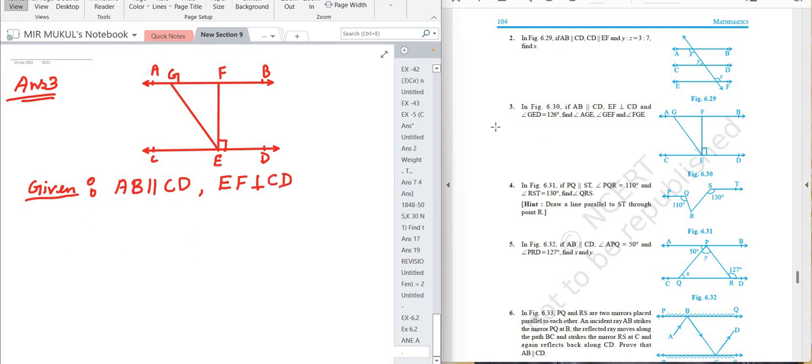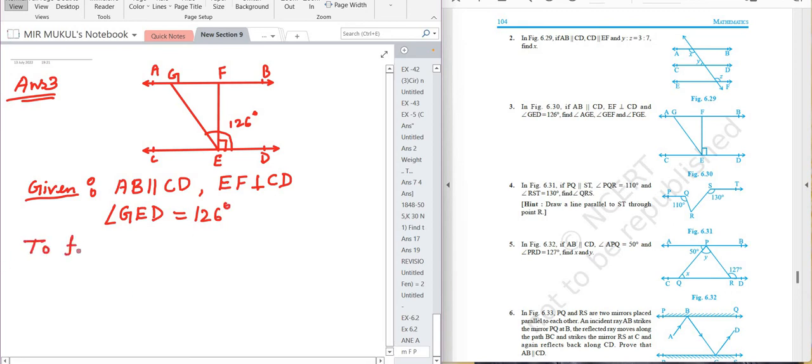And one more thing is given, angle GED. That means the whole angle. This whole angle is 126 degrees.